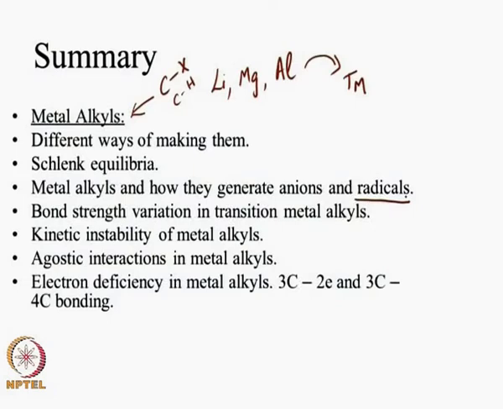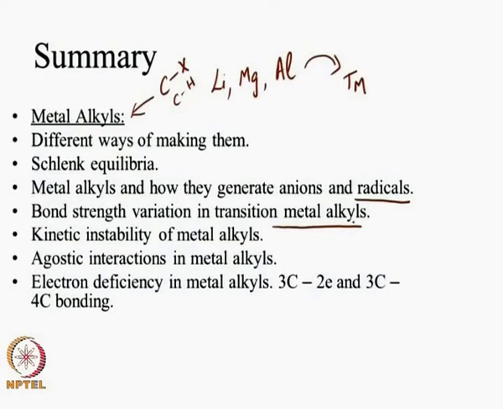We also discussed the bond strength variation in main group chemistry and in transition metal alkyls. For transition metal alkyls, as you go down the group, the bond strength increases, whereas for main group elements, the bond strength of a metal alkyl moiety decreases. This anomalous behavior has to be kept in mind.